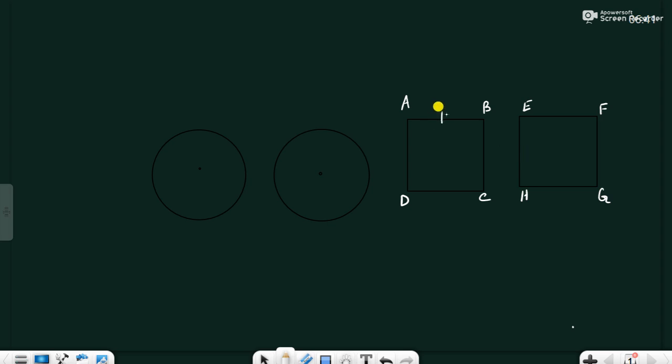That is, AB is equal to EF, BC is equal to FG, DC is equal to HG, AD is equal to EH. All the sides are equal.